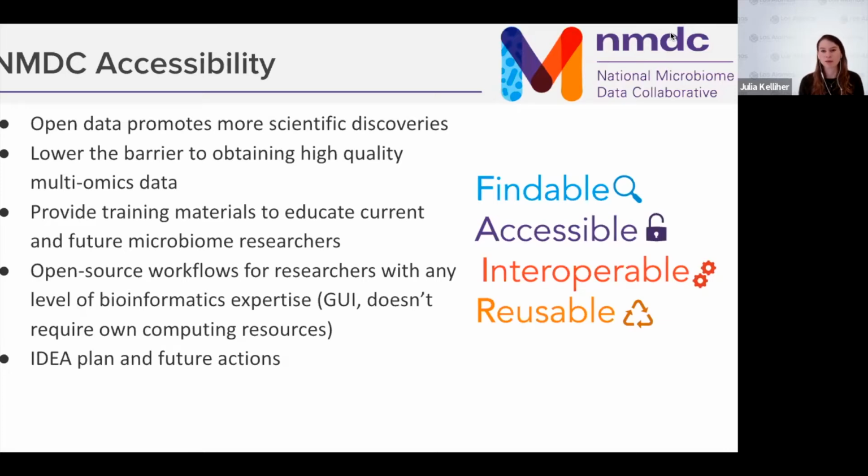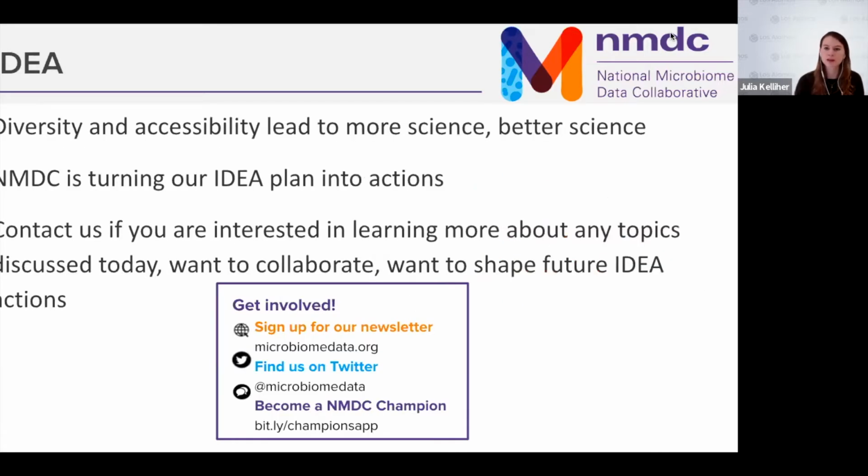And Marissa, actually, who is the co-host here, she developed a really extensive IDEA plan. So IDEA standing for Inclusion, Diversity, Equity, and Accountability. So she fleshed out this really amazing IDEA plan, and we're plotting different actions to move forward with the NMDC and this IDEA plan. And a little bit more about this.